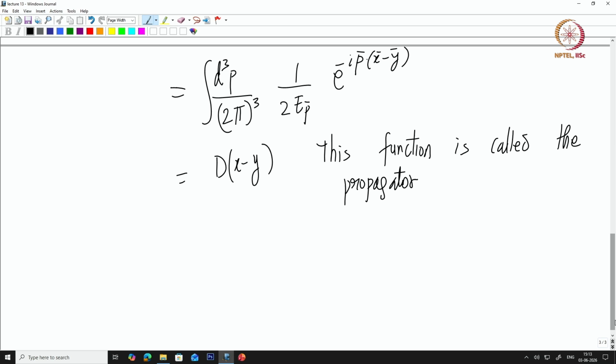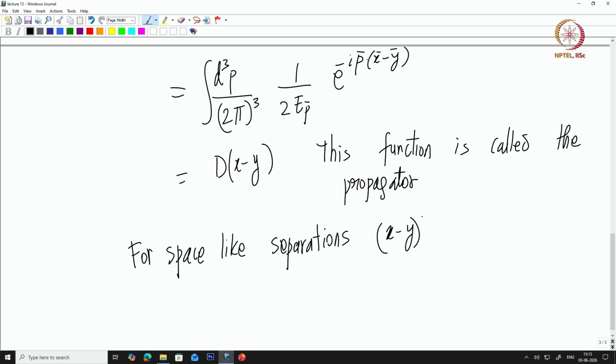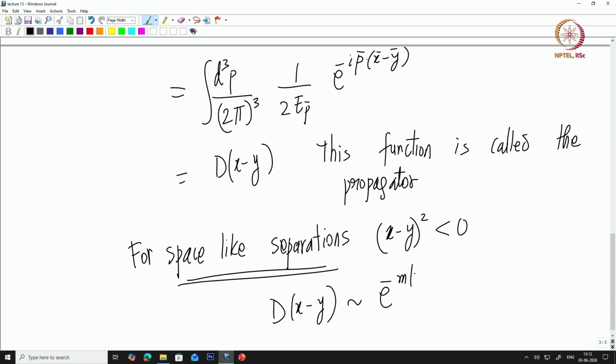For space-like separations, you can check that D of x minus y is non-zero, but it falls off like e power minus m mod x minus y.